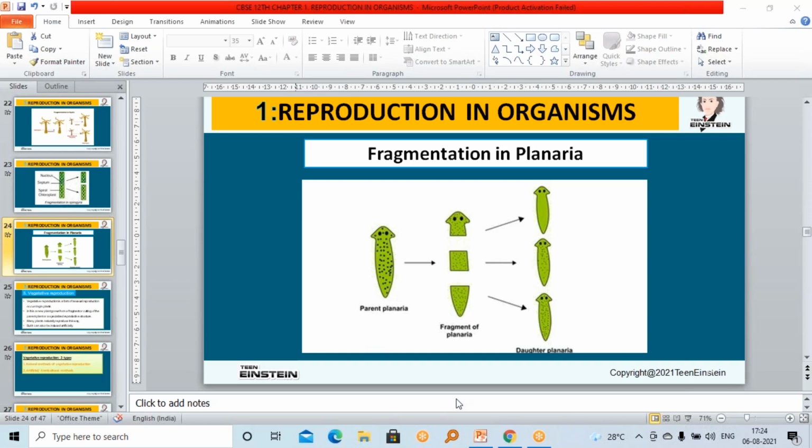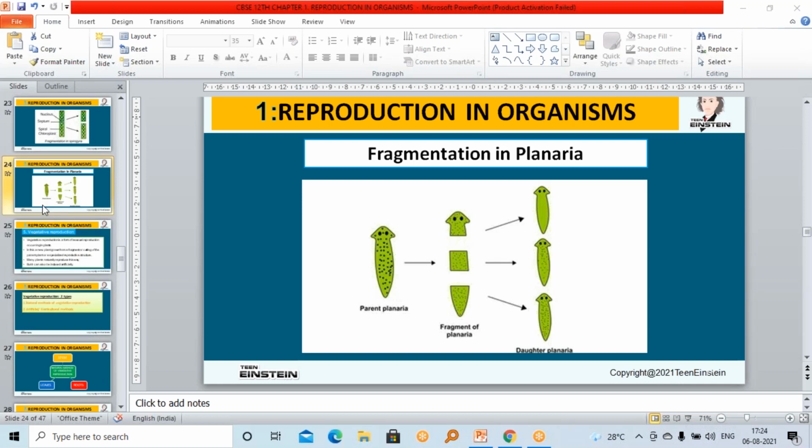And in this condition, what will happen? The daughter planaria will be in a dwarf form. Is it clear?